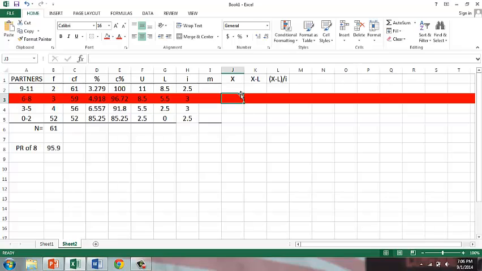And you could put those parts of the equation in separate columns. So for example, in this question, we're interested in an x value of 8. In the next column, x minus L, we can put an equal sign and select our x minus our L.